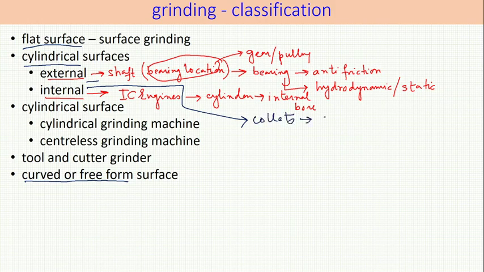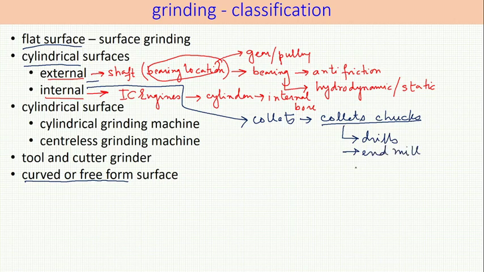You might have heard of collets or collet chucks. If you have not heard of or you cannot recall it, after the class, whenever you get time, do a Google image search on collet chucks. Typically drills, end mill cutters are mounted in a CNC machining center. So these internal surfaces are also to be ground.